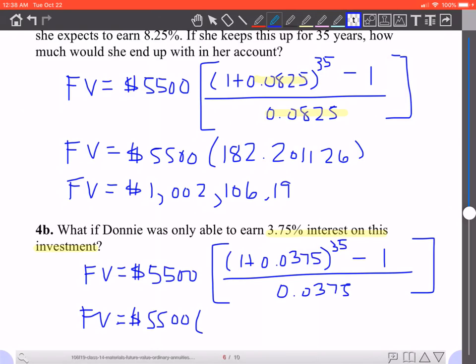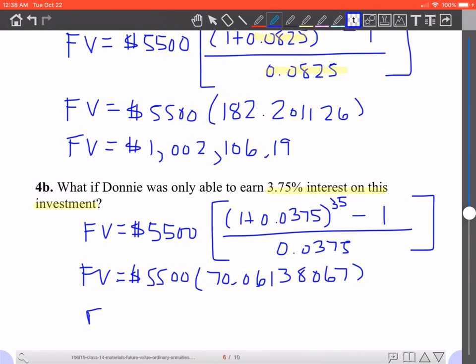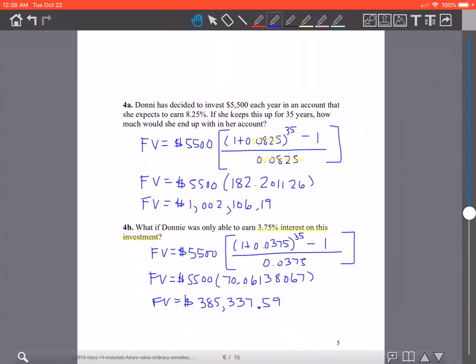Okay, so the growth factor is 70.0613867. Still a large number, but not as large as it was in part A. Times $5,500 is still a lot of money. So that's going to be a future value of $385,337.59. So smaller interest rate, smaller future value, but still more money than I guess she would have had on her own.